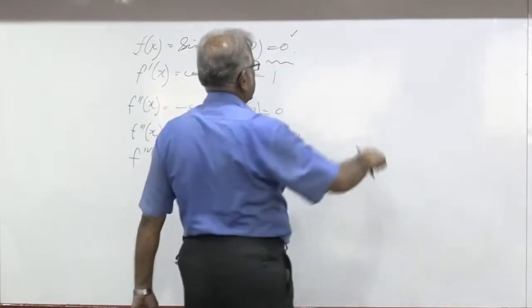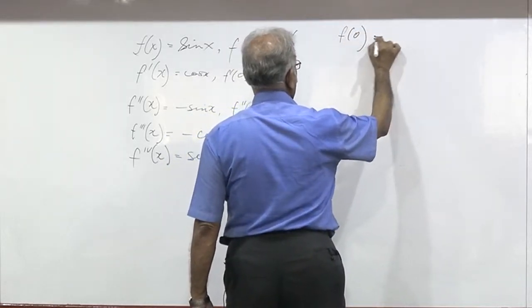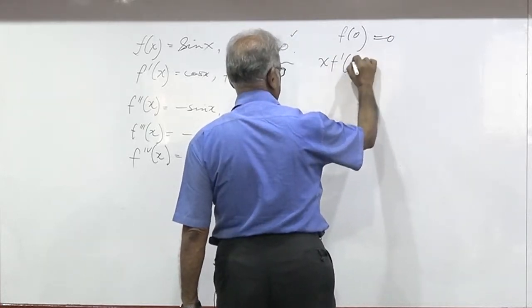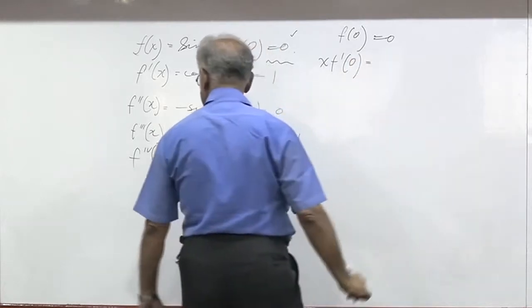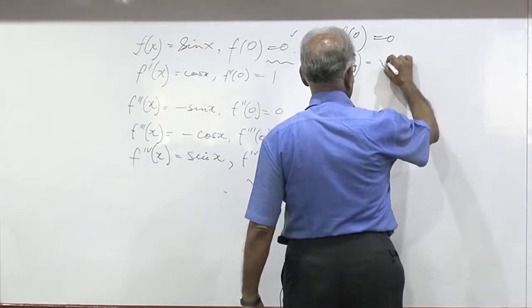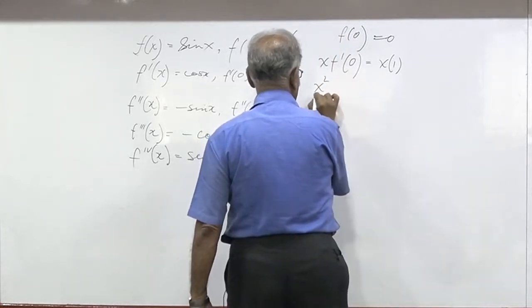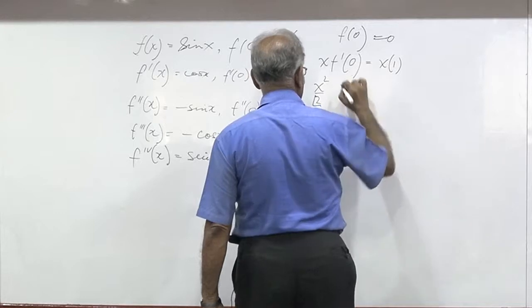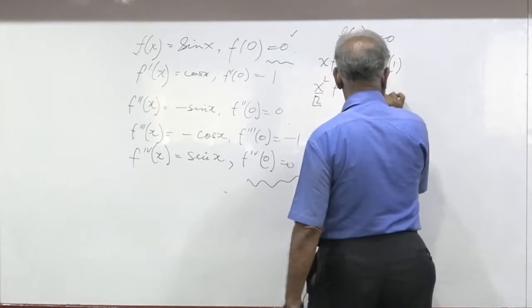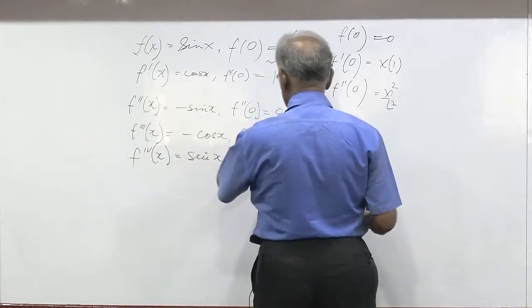So the first term is f naught. f naught is equal to 0. Then x f dash naught is x into 1. Then x squared by factorial 2 times f double dash naught, which is 0.